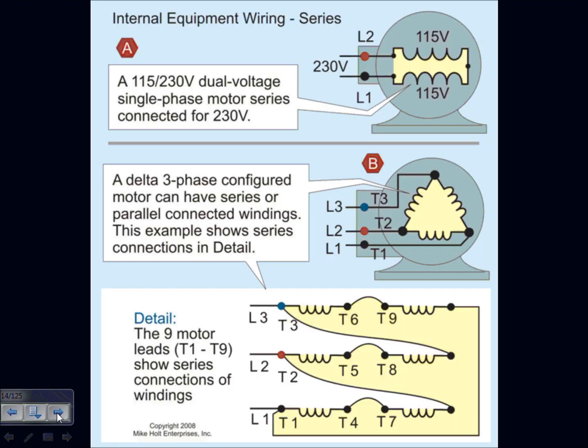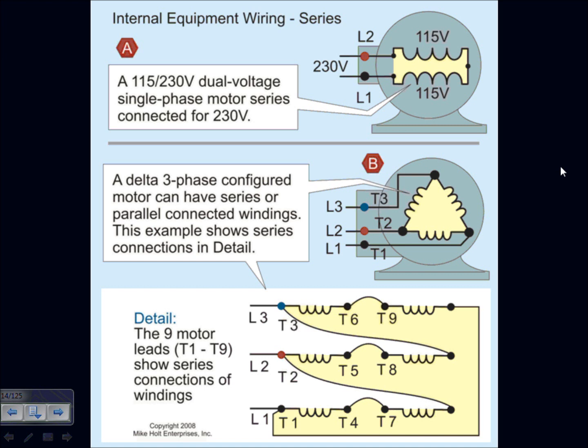Internal equipment wiring. You guys have done this with Ryman. One of the most important things for series circuits, guys, take this. The smarter engineers decided, instead of making a 3 horsepower motor that runs at 240 and another 3 horsepower that runs at 480, you know what they do? They make the same one piece of equipment, and they put 2 coils in them.